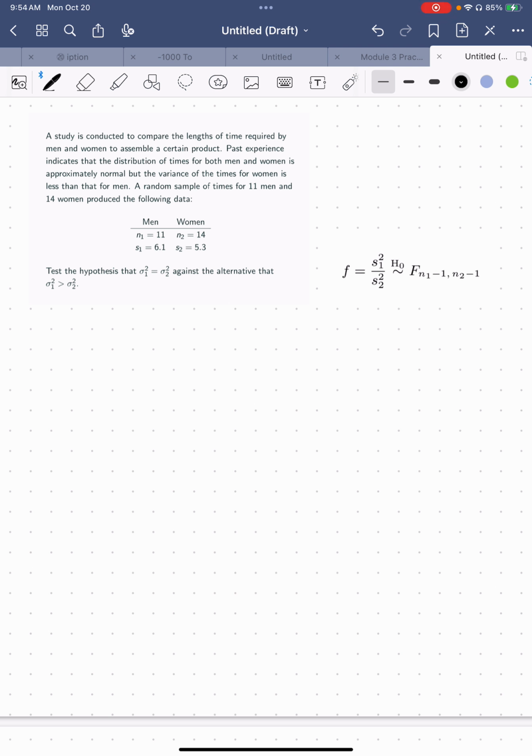So we need to test our hypotheses that the variance is equal for men and women versus if the variance is greater for men than for women.